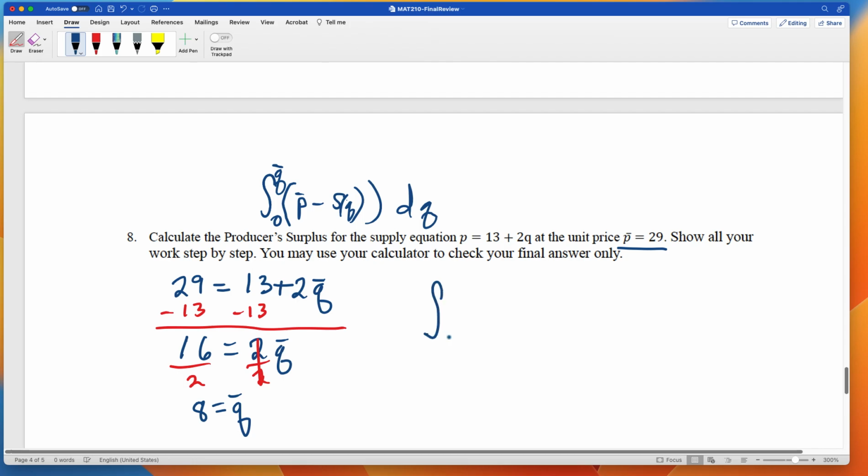So we're going to take the integral from 0 to 8. P bar is 29 minus the function S of Q. Well, this is the function here, S of Q, when I plug in Q. So it's going to be minus 13 plus 2Q dq.